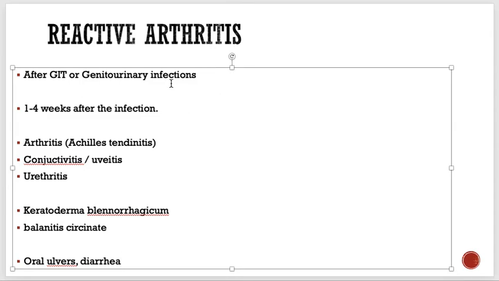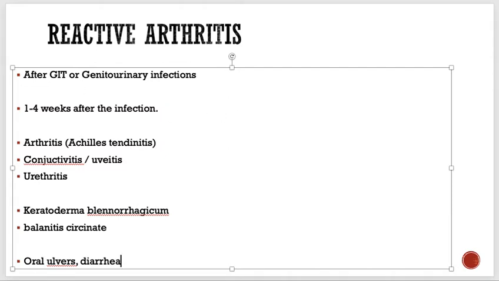The treatment is again the same. We provide them with NSAIDs, corticosteroids, sulfasalazine, methotrexate, anti-TNF alpha therapy. All these things. Most of the patients, this one goes away with time.